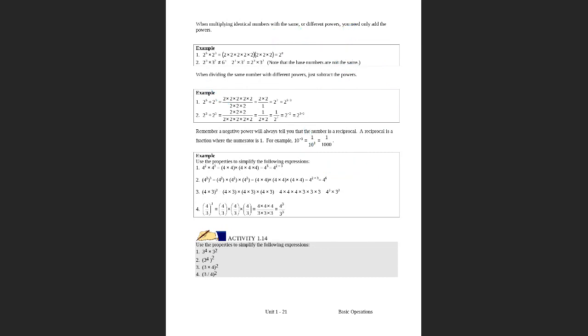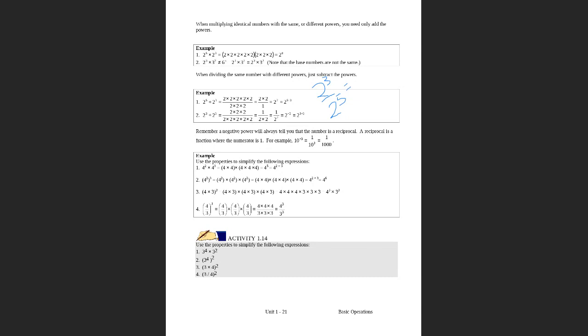Say if we have 2 exponent 3 divided by 2 exponent 5.